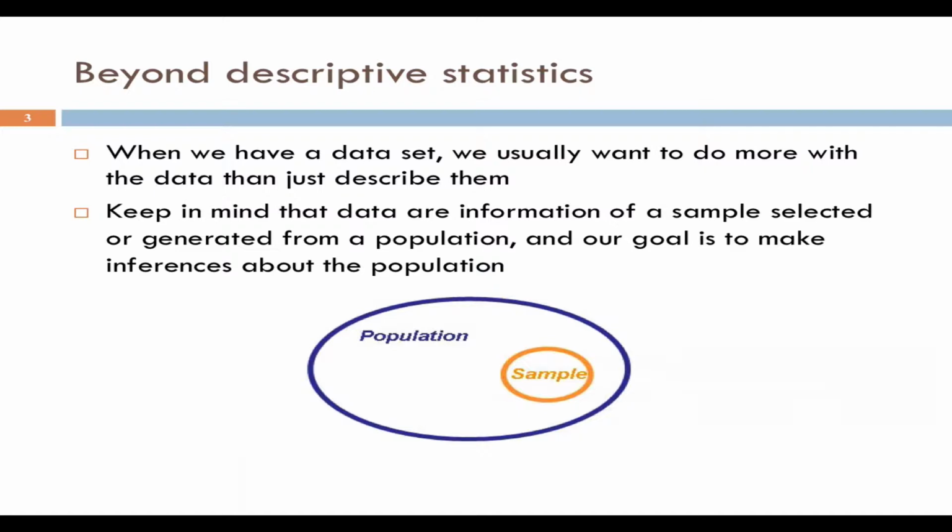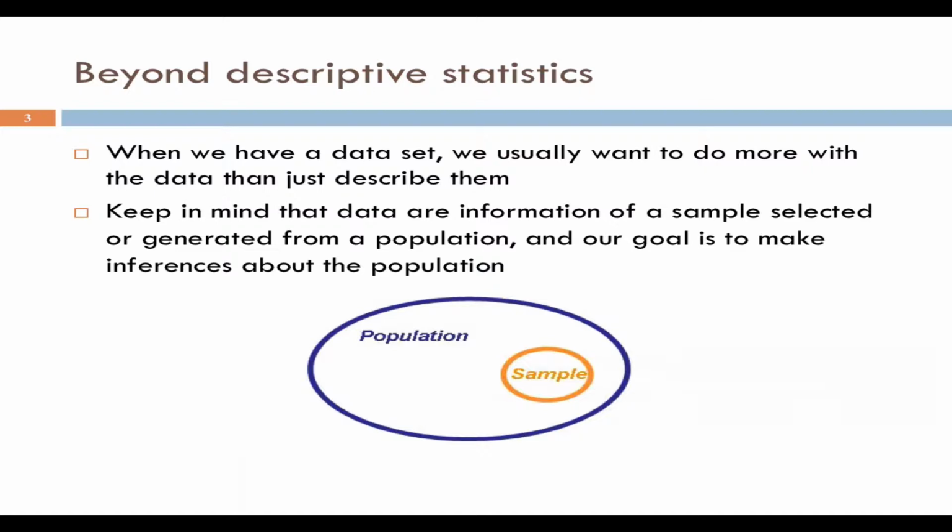Keep in mind that whenever you want to understand or learn something about this population, the starting point is always to get a sample from this population. Basically, your sample is a subset of your population.